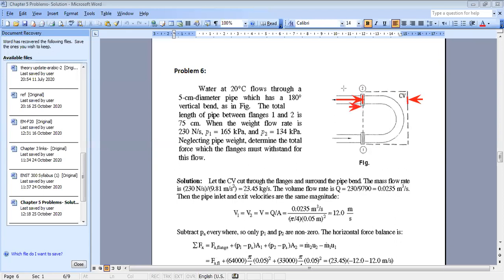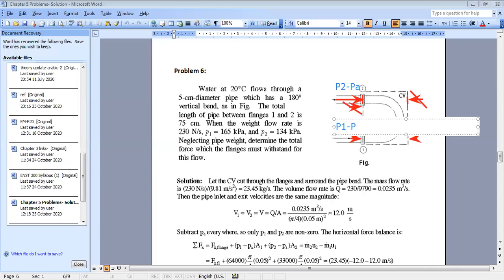So the resulting pressure that will remain at 2 is P2 minus PA, because this part of PA will cancel with the other one. So at this section I will just include P2 minus PA. And the same for this part: PA at this level will cancel the pressure from the other side, so I will end up only with a pressure at this section equal to P1 minus PA.